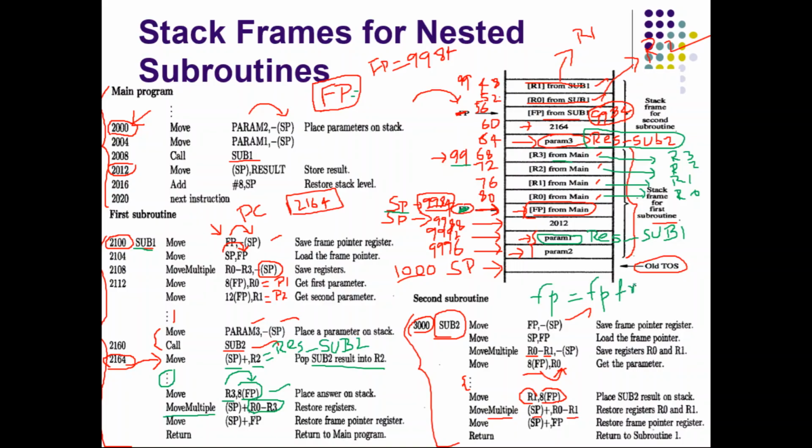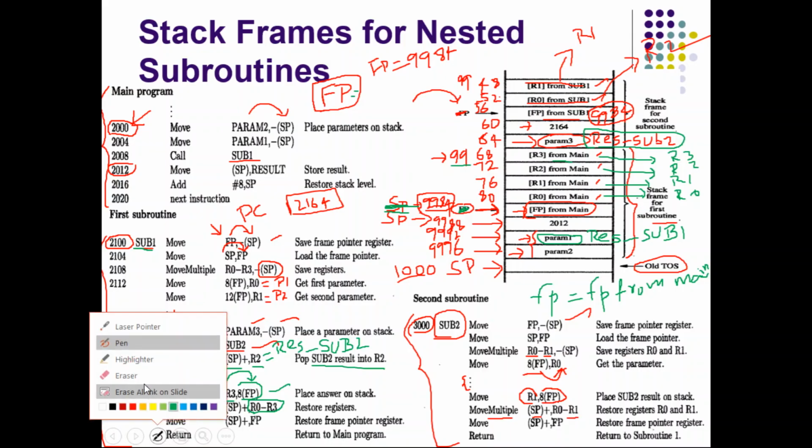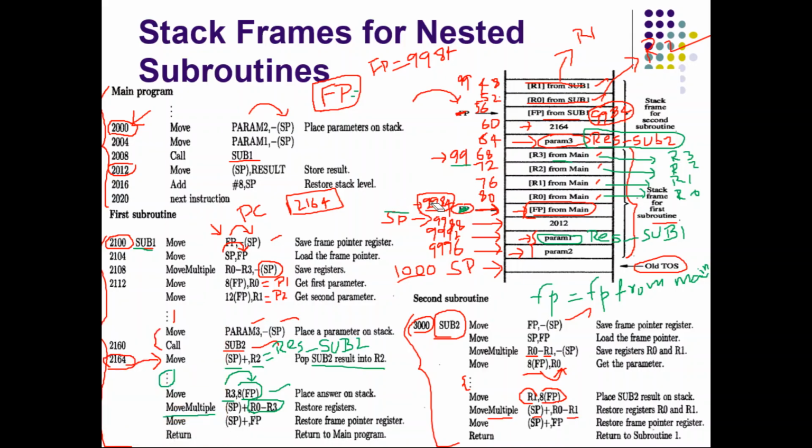So FP is no more pointing to 9984, and after moving this content to FP, SP is also incremented. SP is now pointing to 9988, the next location.